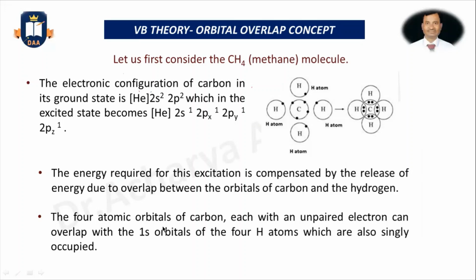Then the four atomic orbitals of carbon, each with an unpaired electron, can overlap with the 1s orbitals of the four hydrogen atoms. This will result in the formation of four CH bonds.